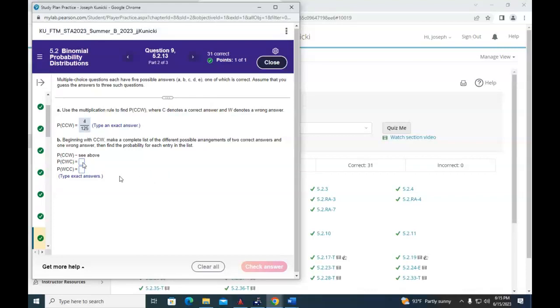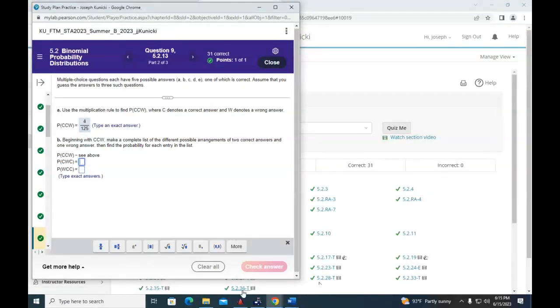So this time let's do it as a decimal, see if it works. 0.032. And the last one we'll do as a fraction again. It's the same thing, right? WCC. They're all the same. 4/5, 1/5, 1/5. Those are the 3 branches that have 2 correct.